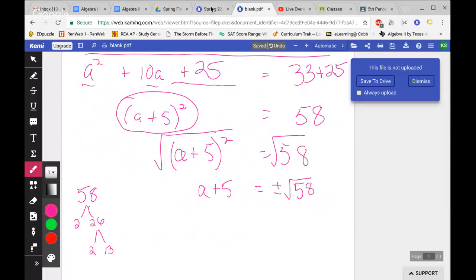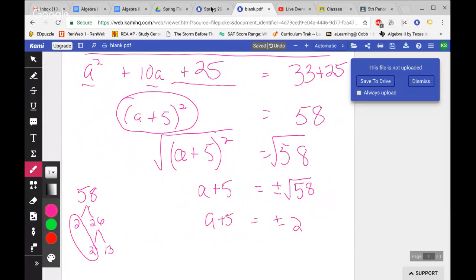Okay, so 58 is, and pairs make squares. So we have a plus 5 equals plus or minus 2. Is that right? Did I factor that right?